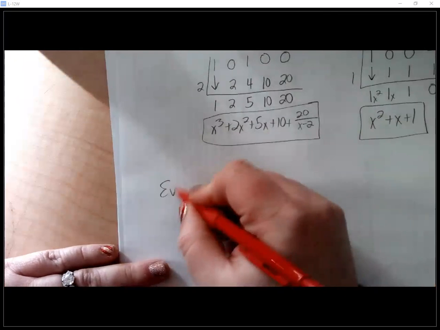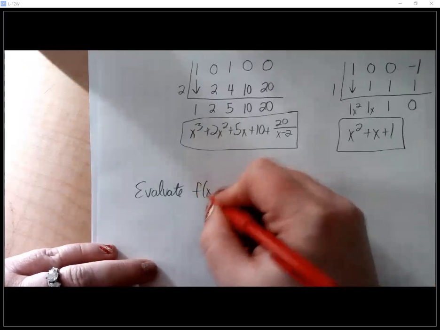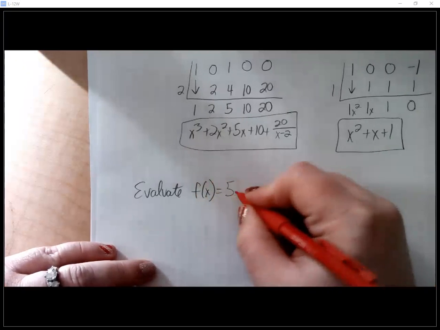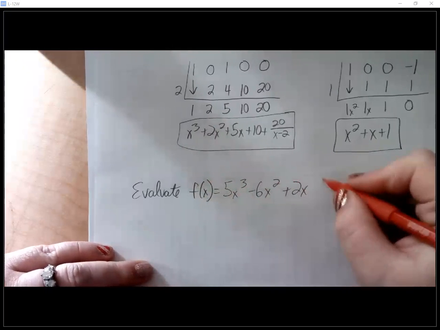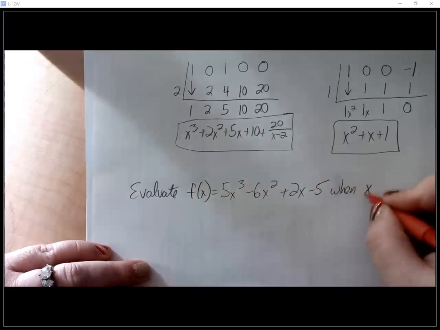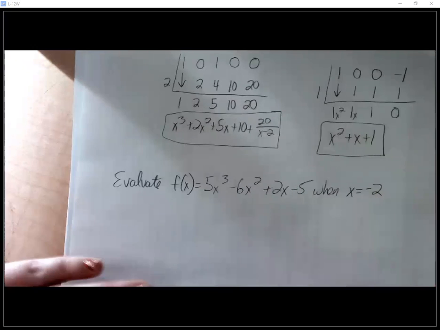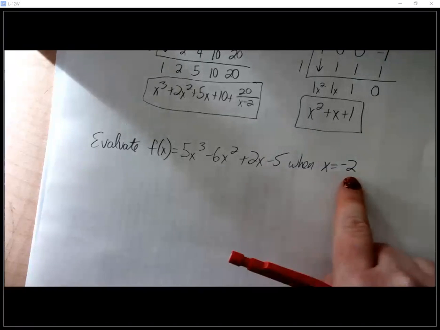For example, let's say I asked you to do, I'm just gonna make up some function, 5x to the third minus 6x squared plus 2x minus 5 when x equals -2. You could simply take -2 and plug it in for x and do the math out.